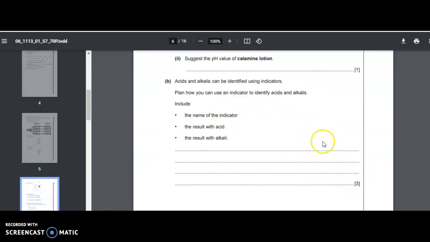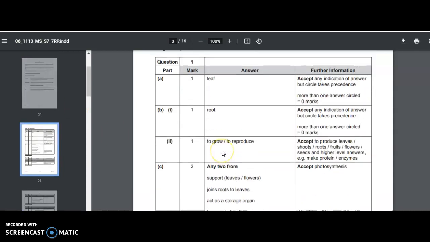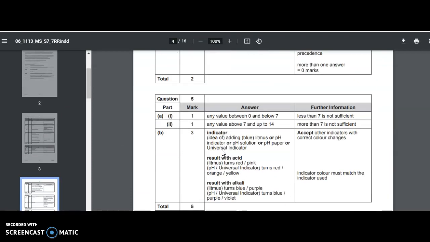Make sure 3 points, you address 3 things. And it does say that you have to put what the result of the acid would be. So you cannot just say indicator changes with acid or alkali. I would suggest saying the word universal indicator, and then with universal indicator, acids turn red, orange, and yellow, and alkalis turn purple, blue, or violet.